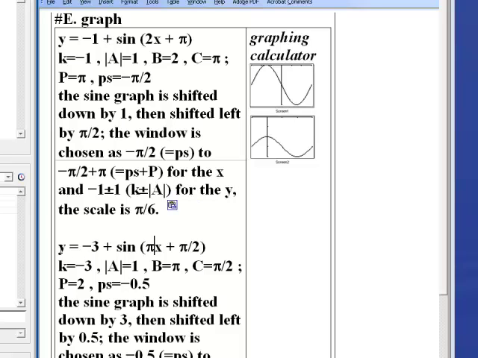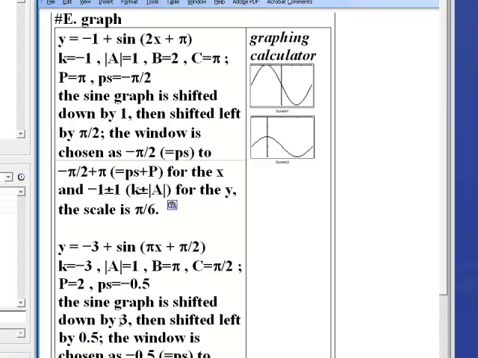Okay, and the last one here is going to be y equals -3 plus sine pi x plus pi over 2, so vertical shift is -3, amplitude again is 1, coefficient b is pi, that pi is being divided into 2 pi, which means the period is going to be 2. Coefficient c is pi over 2, which is divided by pi, which is 1/2, and the negative put in front of it comes out to a phase shift of -0.5, so it's being shifted to the left by 0.5, and then the window is set to -0.5 plus 2.